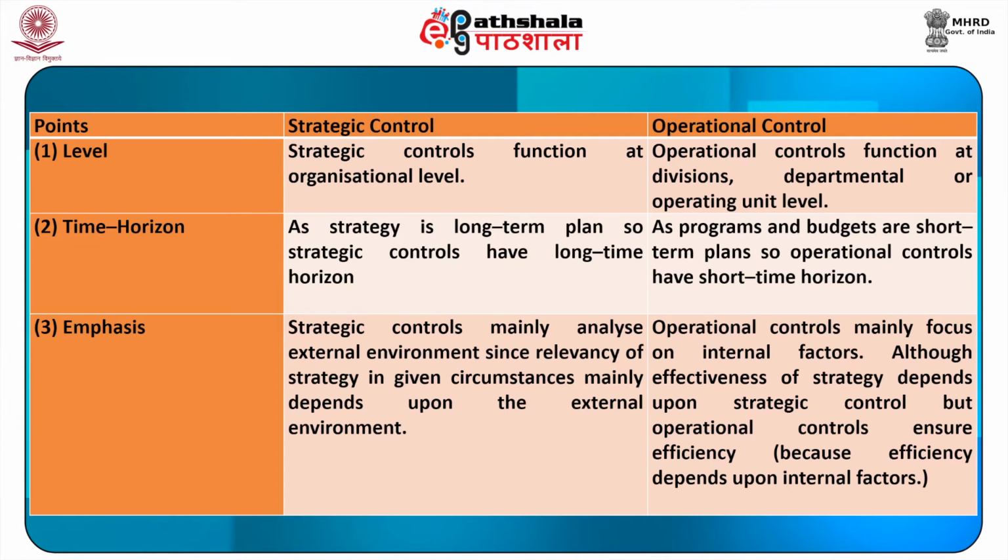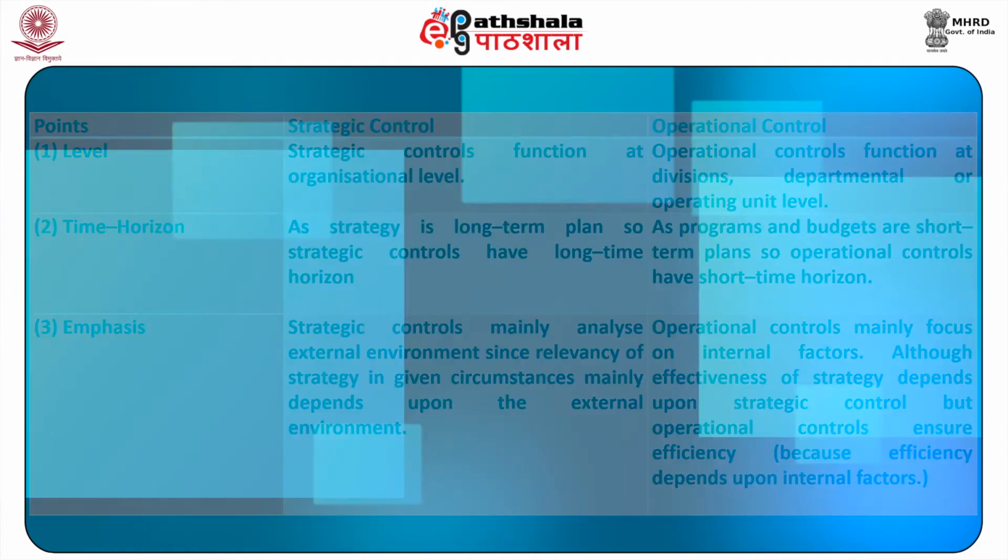Emphasis: strategic control mainly analyzes the external environment, since the relevancy of strategy in given circumstances mainly depends upon the external environment. Operational controls mainly focus on internal factors; although the effectiveness of strategy depends upon strategic control, operational control ensures efficiency, which depends upon internal factors.